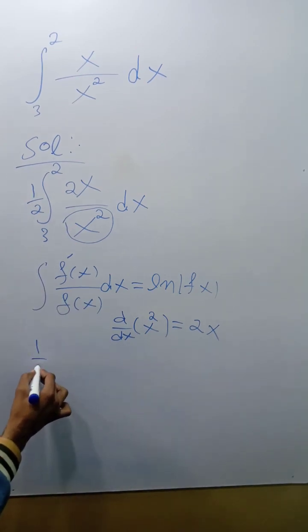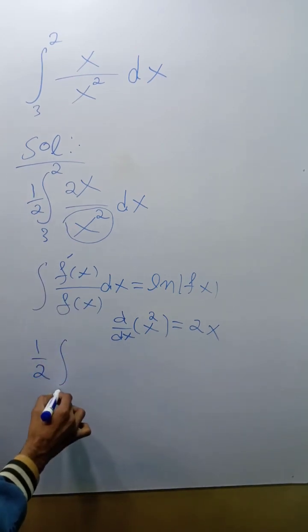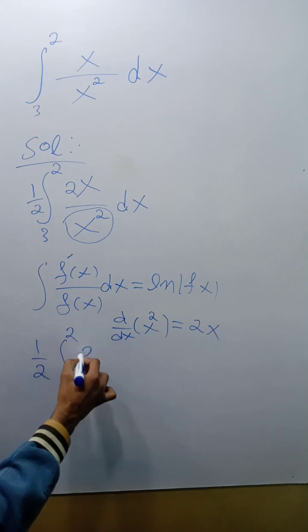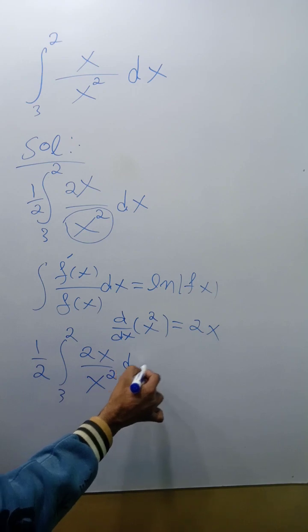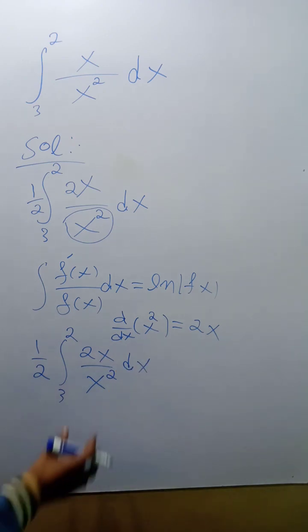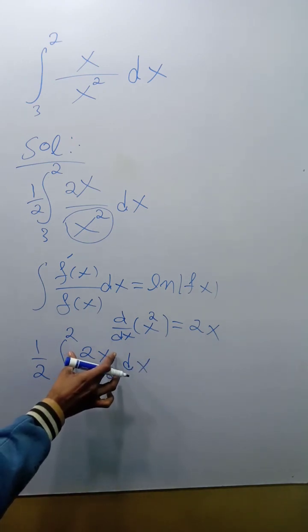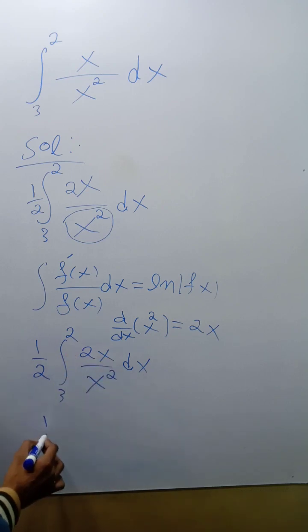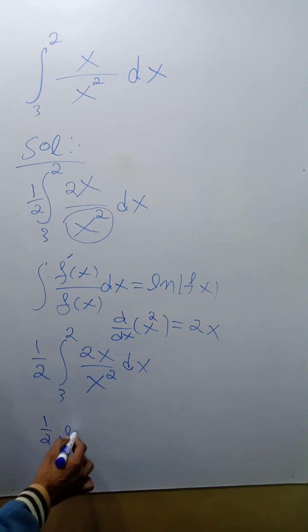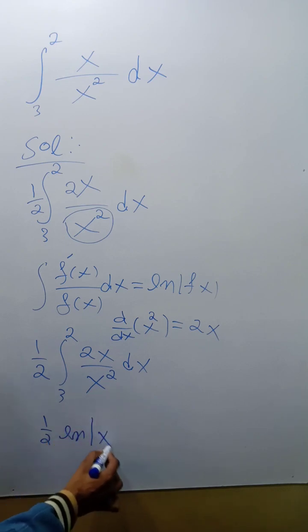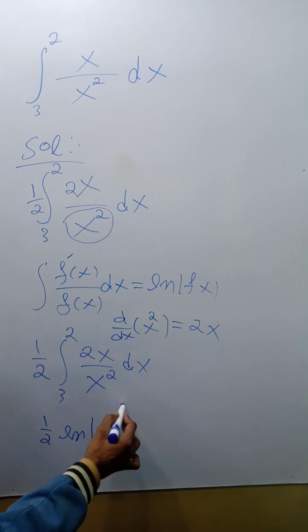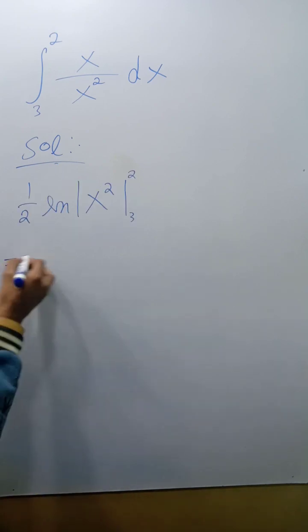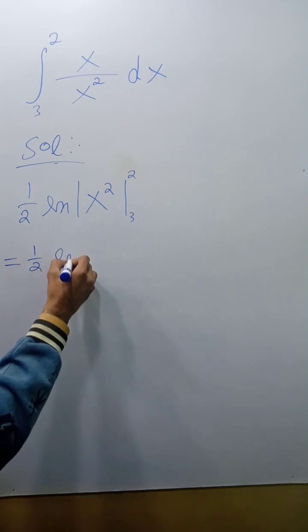Now 1 by 2, integral from 3 to 2 of 2x over x square dx. Now in the denominator a function and in the numerator its derivative is given, so its integration will be 1 by 2 natural log x square, with lower limit 3 and upper limit 2.